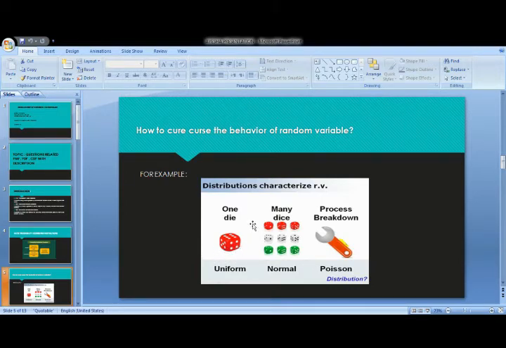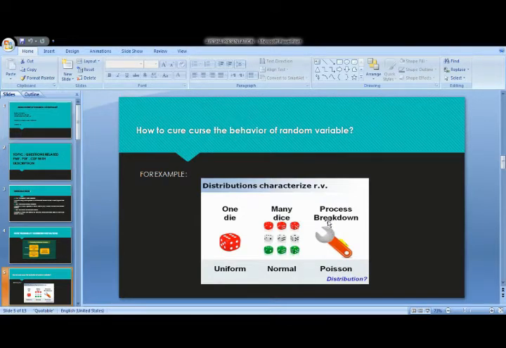Now moving on to the next example, that is many dice. We took several dice together and it will be a random variable as well, of course, but it will be characterized by a normal distribution.